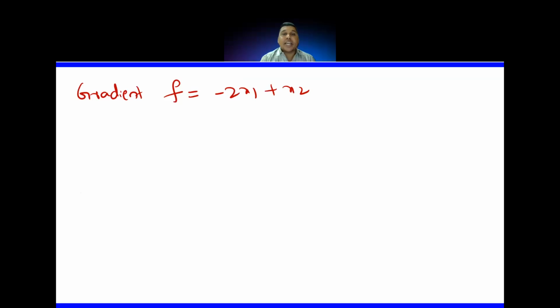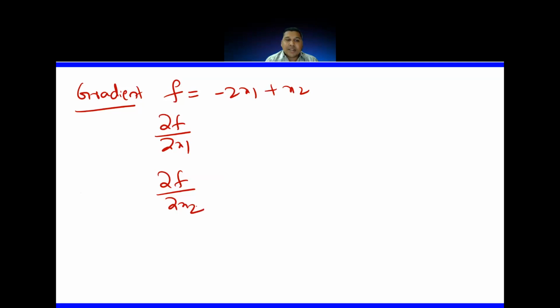Now the question is simple, let's solve one problem. Tell me the gradient for this function. Find the gradient for a function f, which is given as minus 2x1 plus x2. That's it. x1, x2 are not dependent on any other variable. So you have to find the gradient. Again, you find dou f by dou x1 and also dou f by dou x2, and represent them in vector form like this: dou f by dou x1, dou f by dou x2.